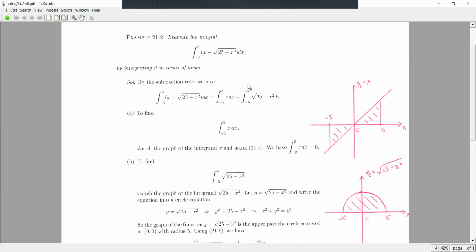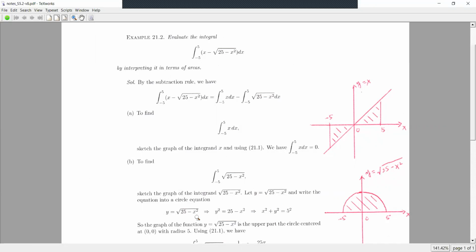Now, to find the second integral, we need to plot the graph of this function. The graph of this function is a semicircle. How to see the graph of the function is a semicircle? Let y be the function. Now, let me transform this equation into a circle equation.